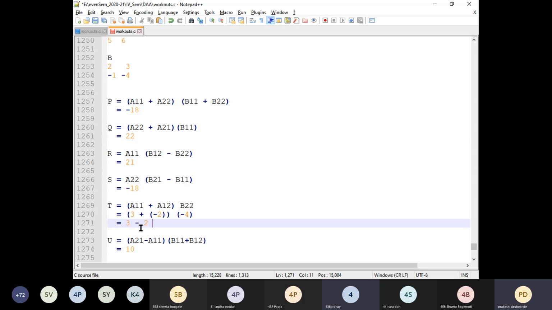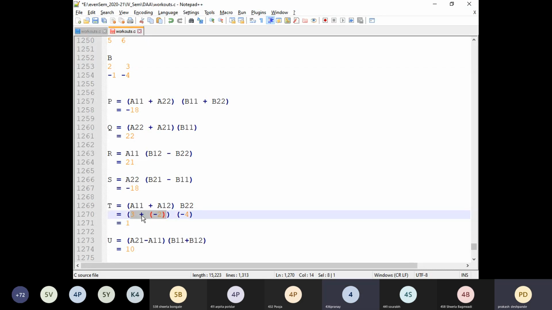3 minus 2 is what? 1, sir. Now, minus 2 plus 3 is what? 1, sir. So where does that minus 1 come from? Sir, there are 2 signs. Where are there 2 signs? In this, plus, minus.